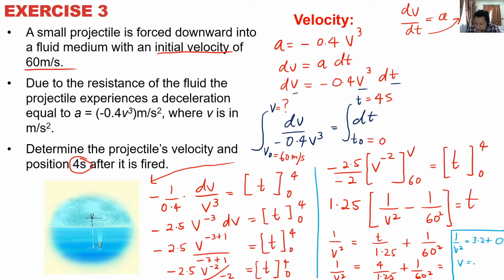So v is equal to the square root of 1 over 3.2. You're going to get the value 0.559 meters per second.